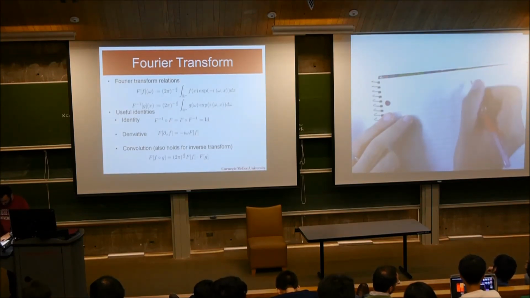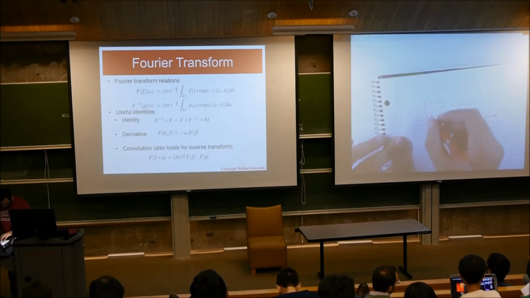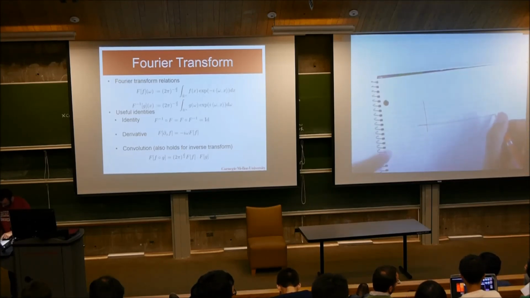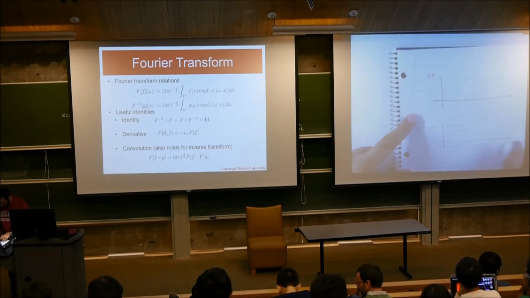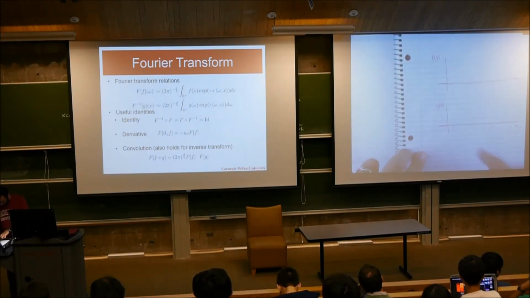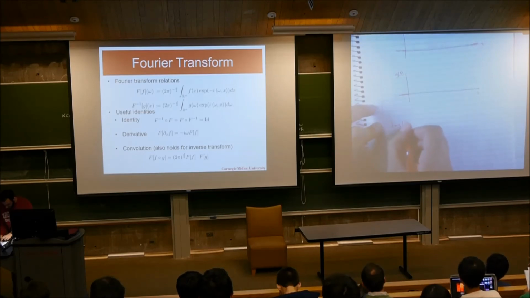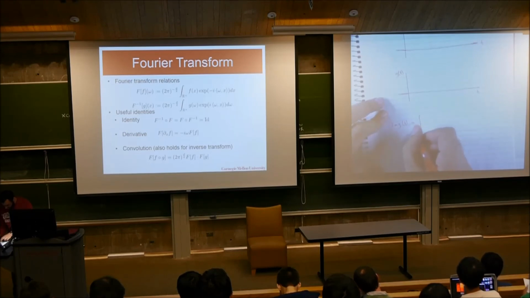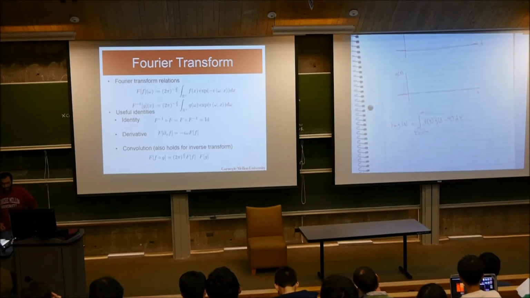So in mathematical terms, f convolved with g at time t is equal to the integral over tau from minus infinity to infinity of f of tau times g of t minus tau, d tau.